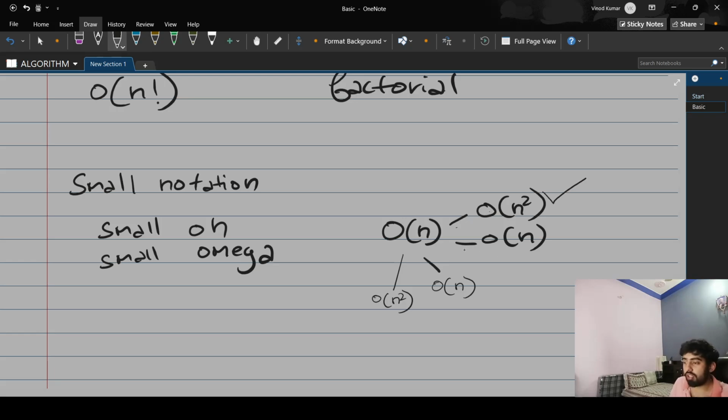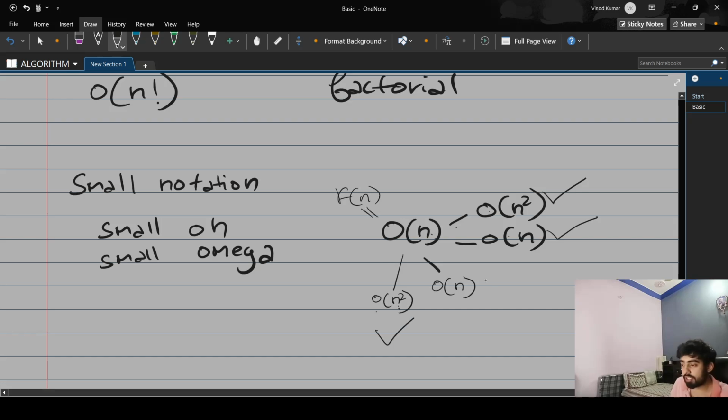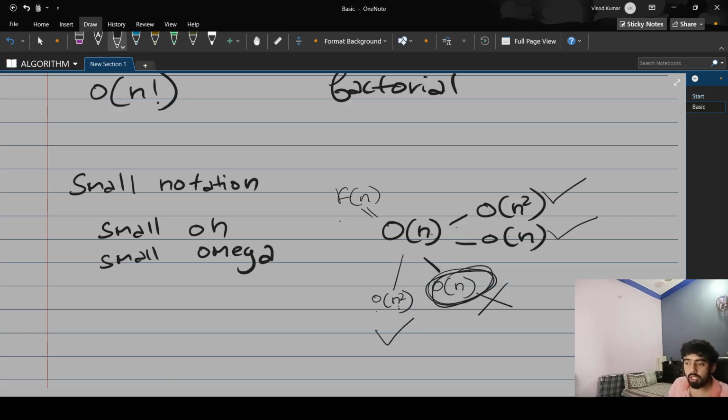Yes, it is correct. Is big O of n correct? Yes, it is correct. Is small o of n square correct? Yes, it is strictly above the f of n function, so it is correct. But small o of n is wrong, because it has to be strictly above when we are using a small notation.